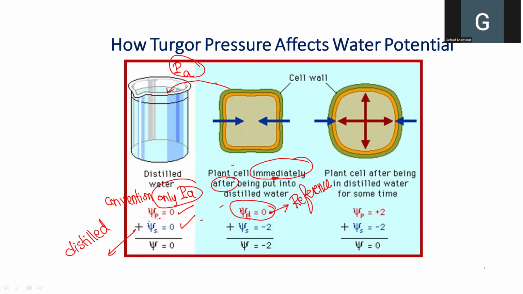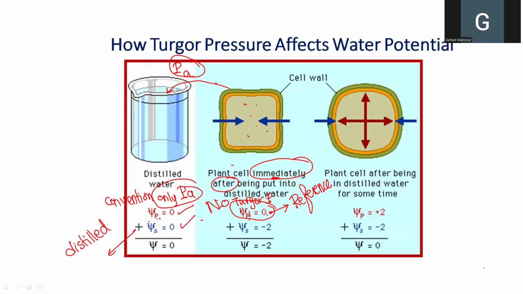So we consider it 0 because the plant is not turgid, it's not fully swollen. When we say psi p equals 0, this means that there is no turgor pressure, not yet any turgor pressure. Why?